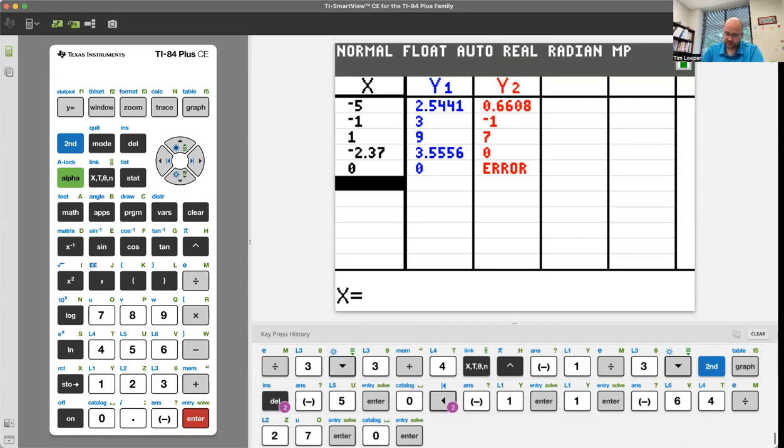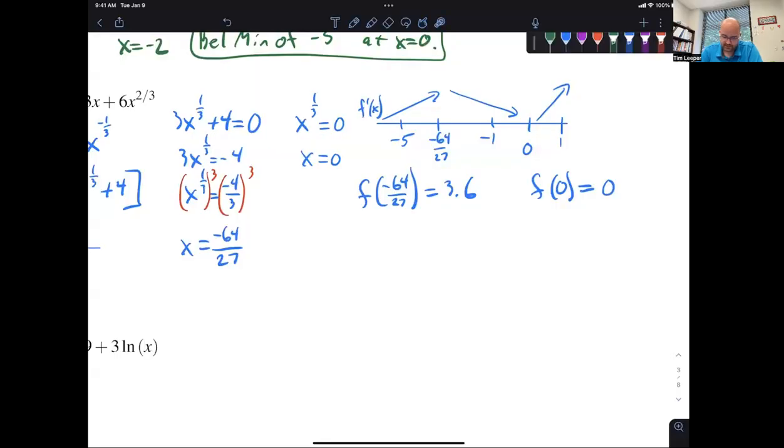Good. So again, because at negative 64 over 27 it was up then down, this is a relative maximum, then down then up, which means 0 is a relative minimum. So there is a relative maximum of about 3.6 at x equals negative 64 over 27.